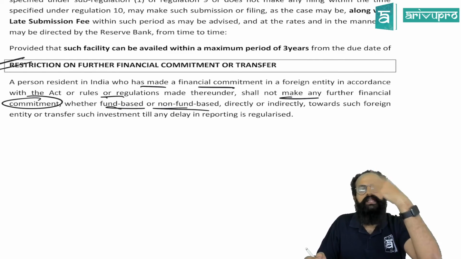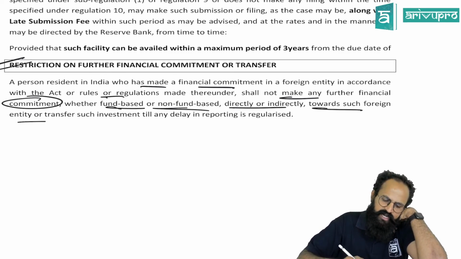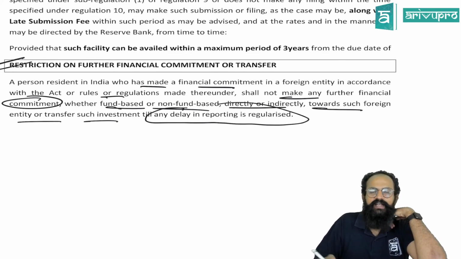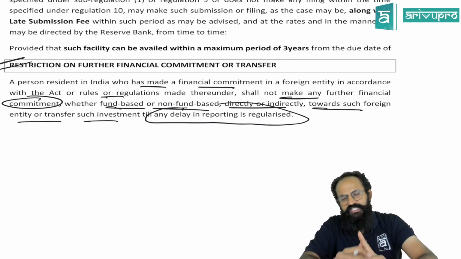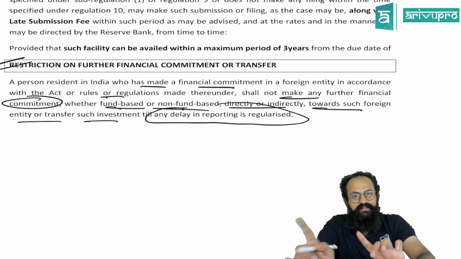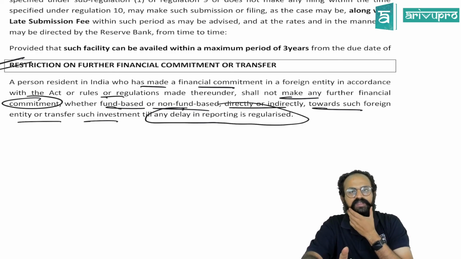Non-fund means guarantee given, something like that, directly or indirectly towards such foreign entity, such investment, till any delay in reporting is regularized. So you cannot make any other fresh financial commitments. Nothing can be made until you complete whatever reporting you need to do. First finish it off, only then can you make a further financial commitment.